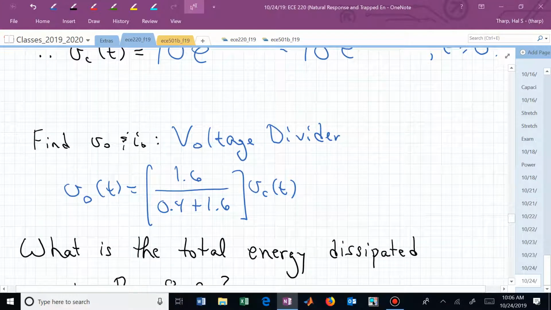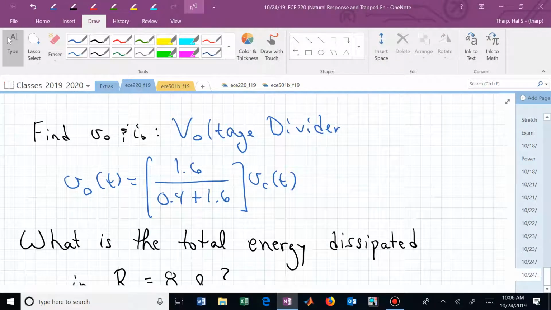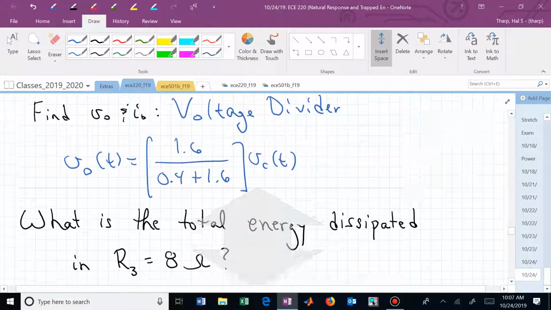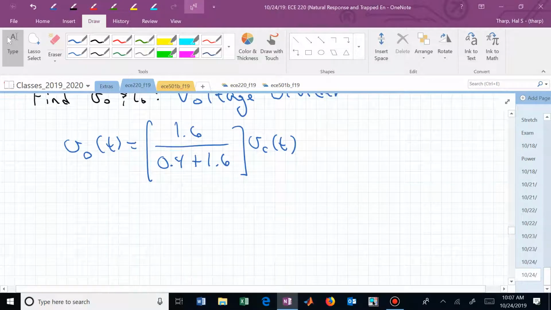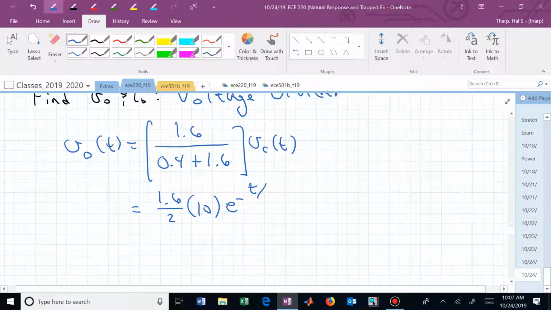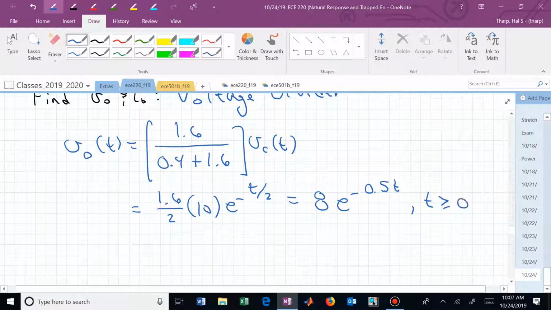That's now 1.6 over 2, or 0.8, times V sub C, and V sub C had a gain of 10, so this is 1.6 over 2 times 10 e to the minus t over 2, or 0.8 times 10, 8 e to the minus 0.5 t for t greater than or equal to 0 plus.